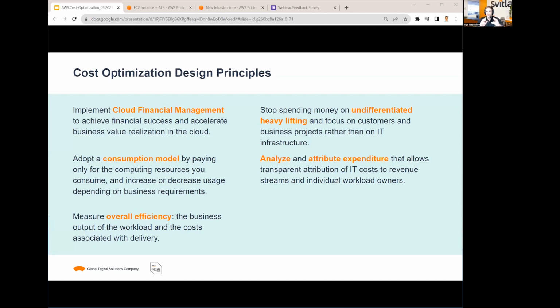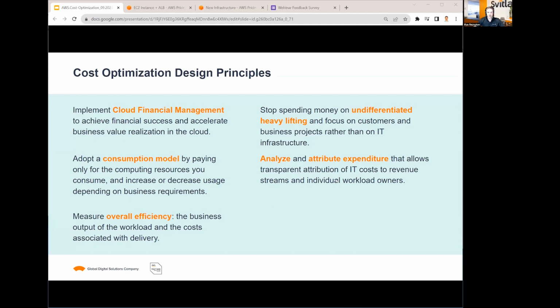When we'd like to implement cost optimization in our organization, we definitely need to discuss some design principles. First of them, we need to implement cloud financial management. If we don't care about bills, we definitely will not be able to control them.